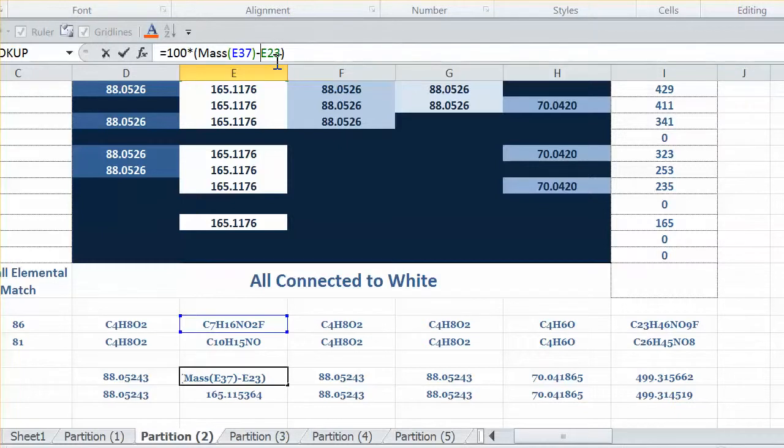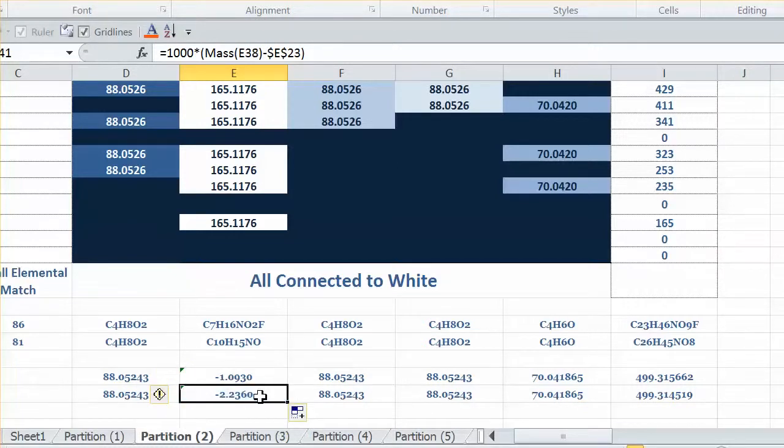And I'm going to put dollar signs here to make that an absolute position, $1,000. So it's about 1 millidalton off, and I can pull that down also. So the first formula is only off by 1 millidalton, and the second one is off by 2.2 millidaltons.